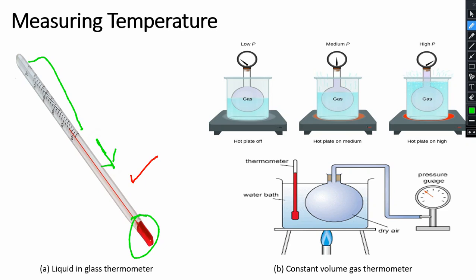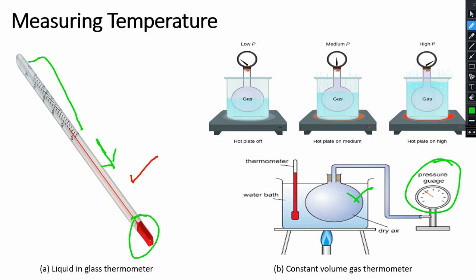Now let's move to the constant volume gas thermometer. In a constant volume gas thermometer, the shape of this thermometer is like this. There is this closed flask, and here we have a gauge.